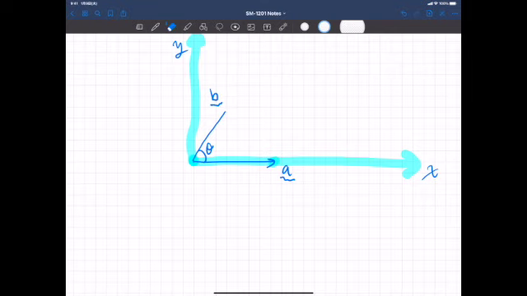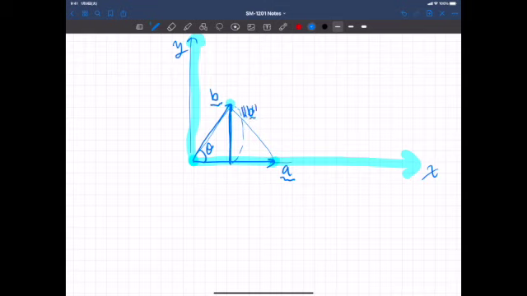So this triangle defines a plane, and within this plane we define this x-axis and y-axis. Then let's say this length is B modulus times sine theta, right?